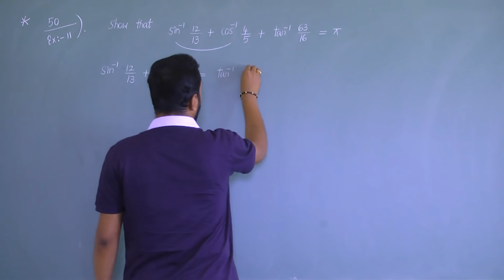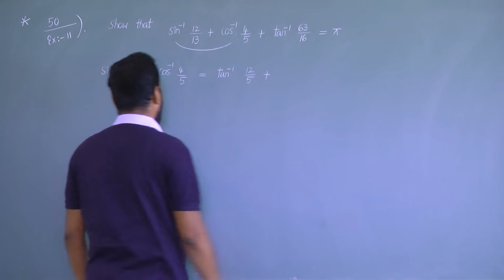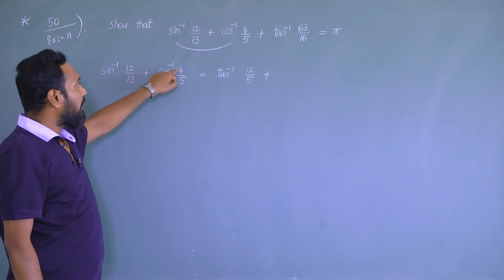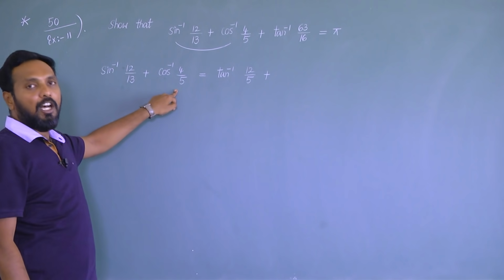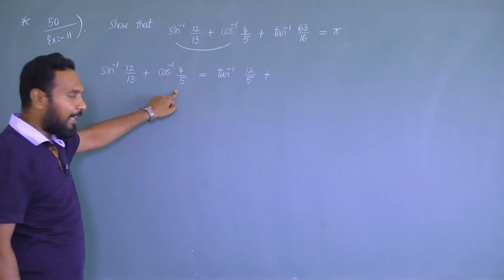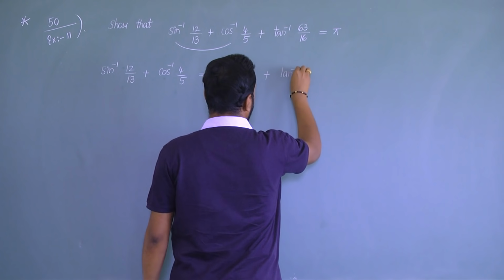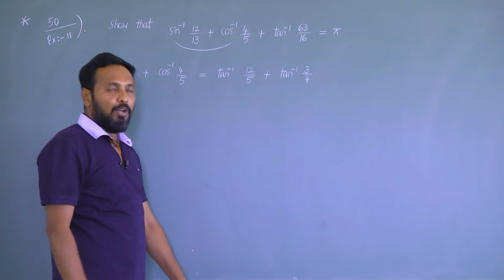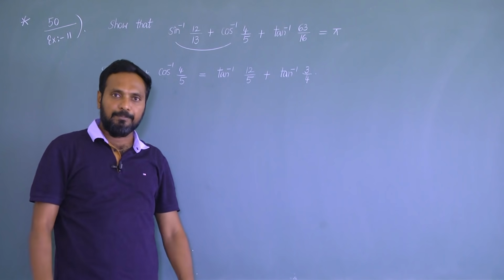So I can write it as tan inverse 12 by 5 plus, cos inverse means adjacent side 4, hypotenuse 5, opposite side is 3. So I can write in terms of tan inverse as 3 by 4. Now it is of the form tan inverse x plus tan inverse y.